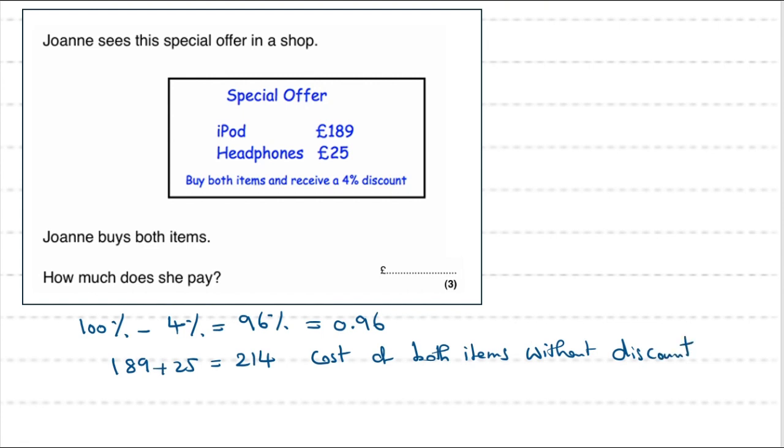But Joanne receives 4% discount, so we have to use the multiplier, which is 0.96 times the cost of both items, and that gives us 205.44. So she has to pay £205.44. So that could be an exam question which carries 3 marks.